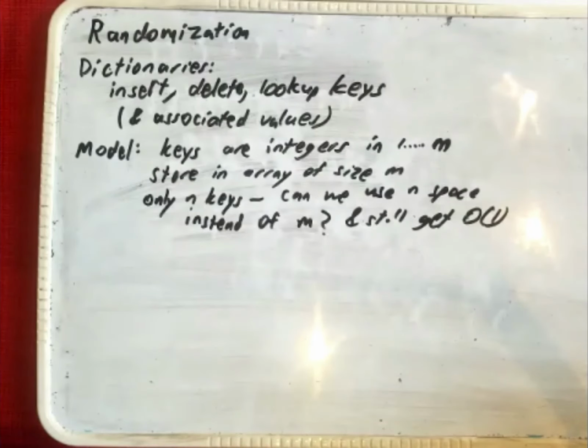We certainly know how to do small space data structures for lookup, like a binary search tree, for example, which only uses n space for n items. But that costs us in lookup time because now we're spending log n time on our inserts, deletes, and finds, even if we use splay trees.